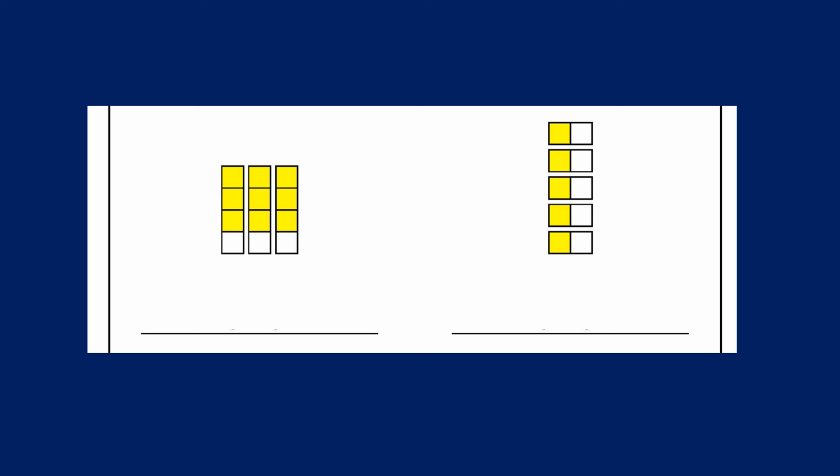In this example, we have 3 yellow plus 1 white, and we have 3 groups of that. So that's times 3. So our expression would be 3 groups of 3 plus 1, which equals 12. Because 3 plus 1 equals 4, and 3 times 4 equals 12.